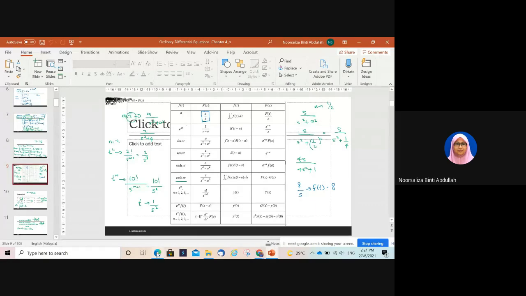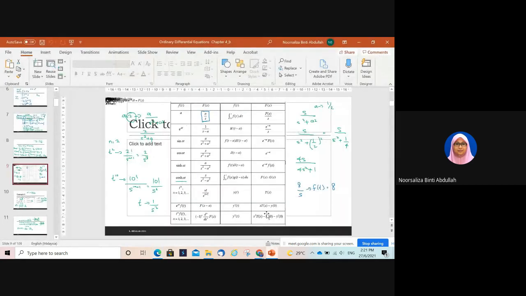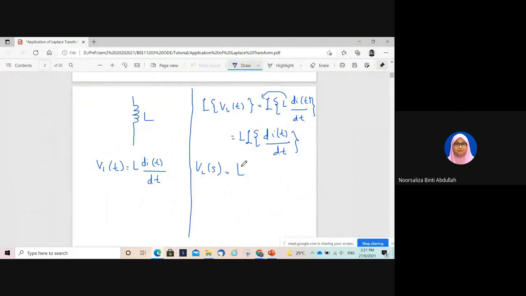So sama untuk case ni, ini adalah i'(t). When we transform this i', it will be sI(s) minus i(0). So here is di/dt.